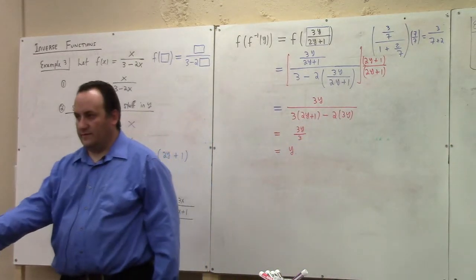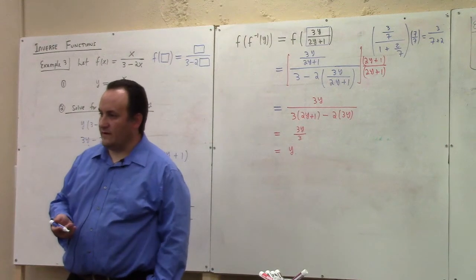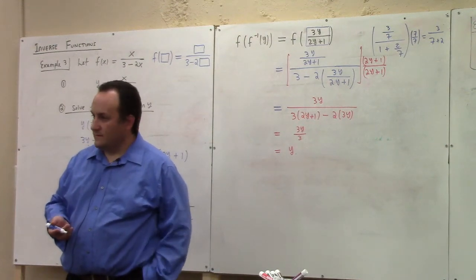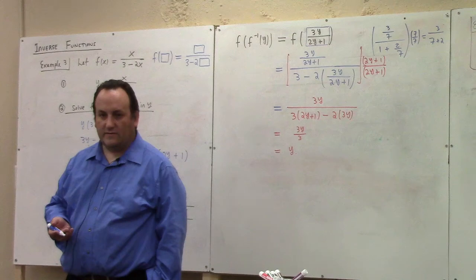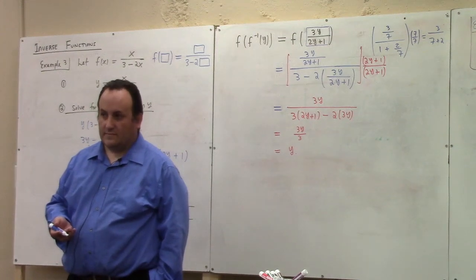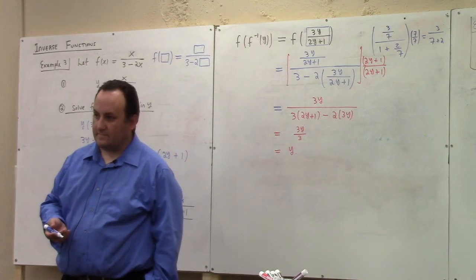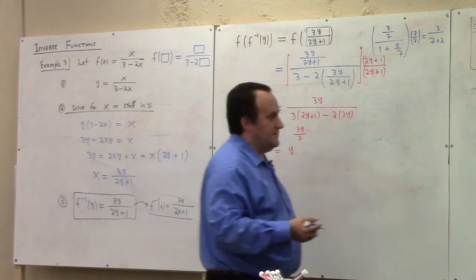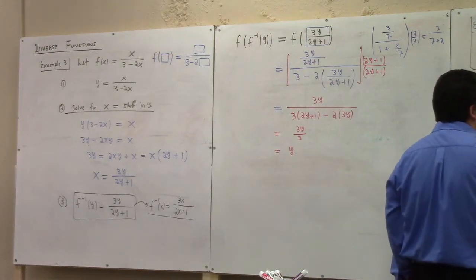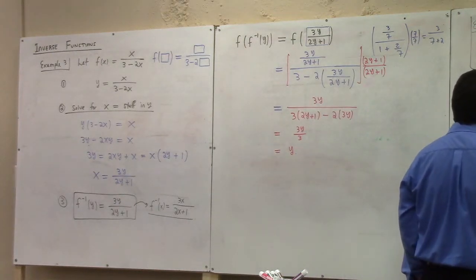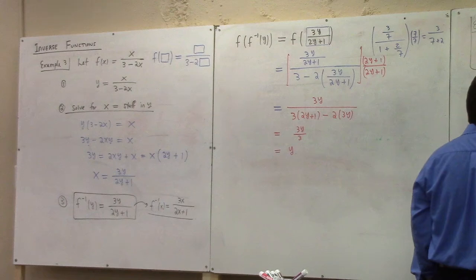And here's where we get into trouble. What happens when we take a square and try to get rid of it? We take the square root of the equation. But when we take the square root, what do we have to allow for? We have to allow for plus or minus, right? So this gives me x is equal to plus or minus the square root of y minus 9.